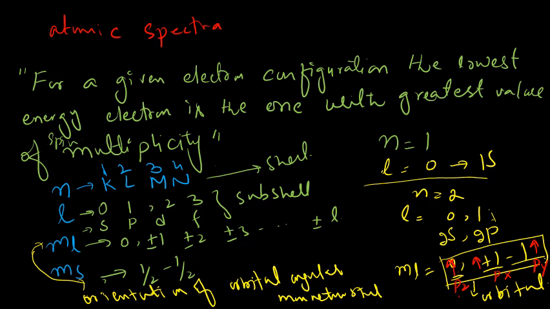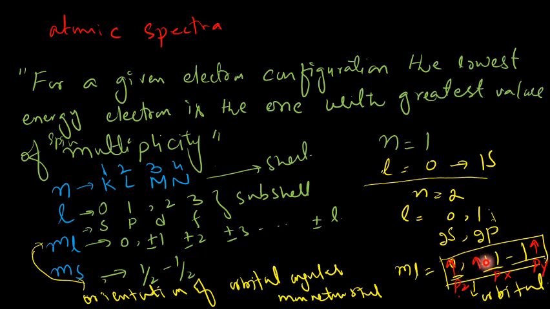So this is Hund's rule, which tells us about the filling of electrons: if two or more orbitals of equal energy are available, the electrons first occupy them singly with the spin up state and then fill them with the spin down state.